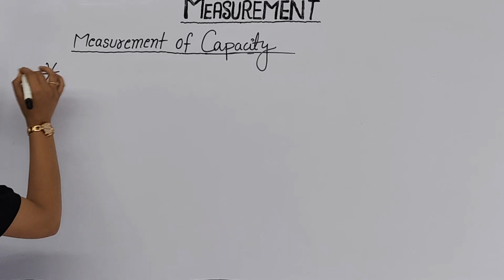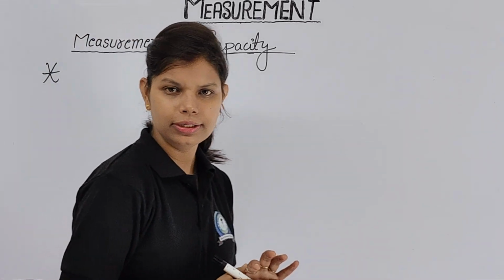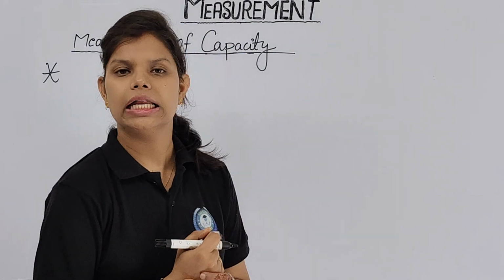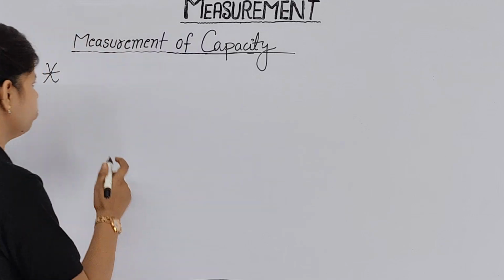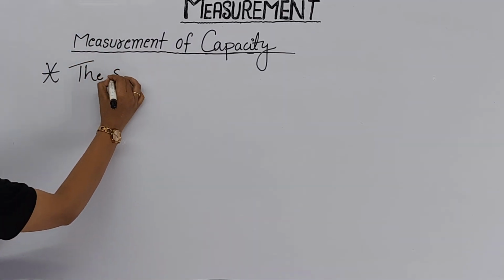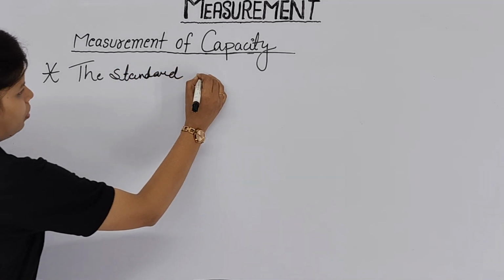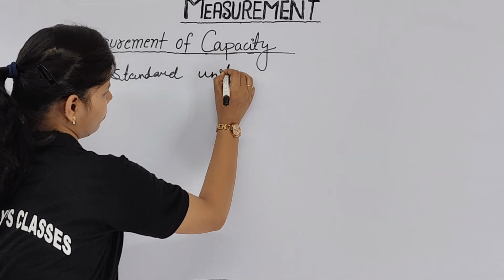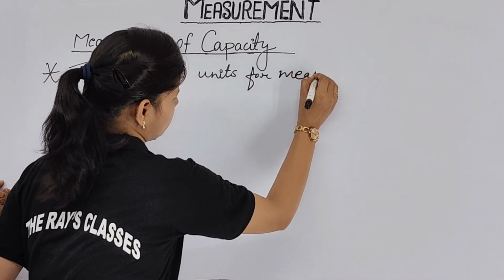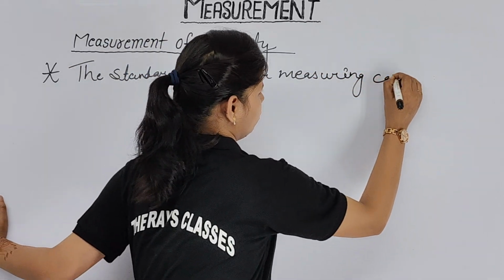Here, the first point that we are going to write is measurement of capacity. What is the standard unit for it? The standard unit for measuring capacity is liter. So the first point we are going to mention: the standard unit for measuring capacity is, what?